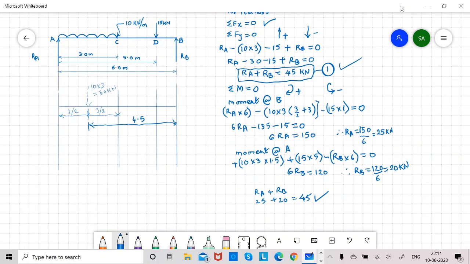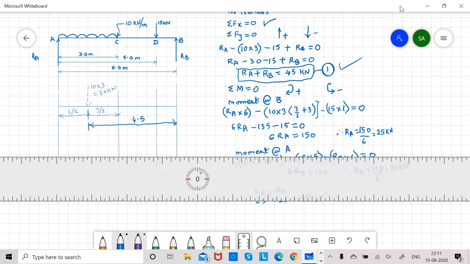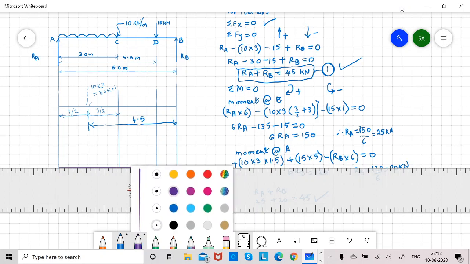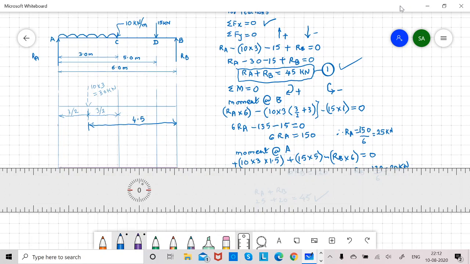Now let us draw the shear force diagram directly. So I am drawing the baseline to draw the shear force diagram. This is the baseline.